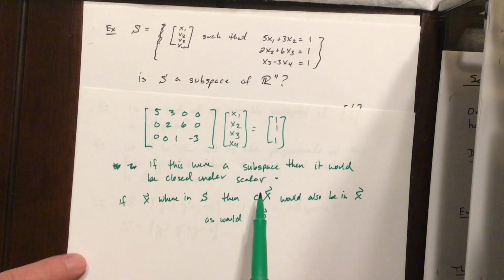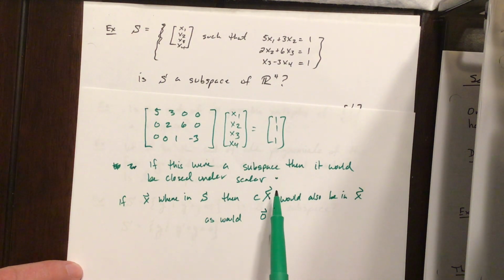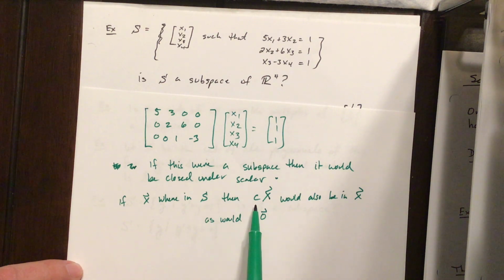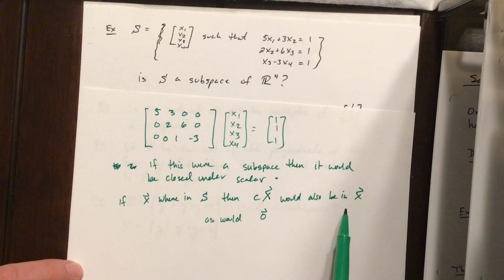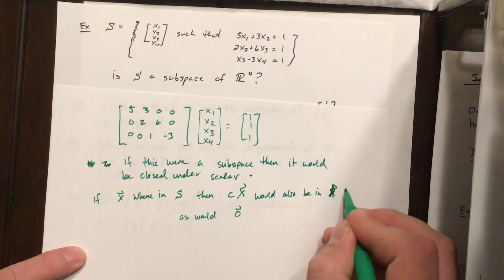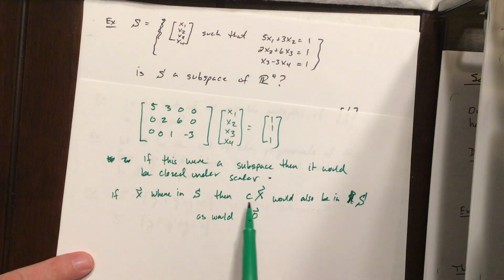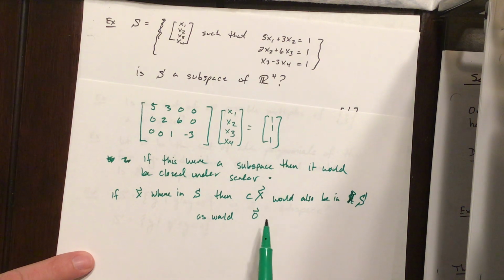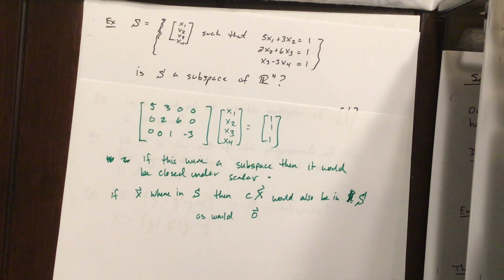Because we're assuming that this is a subspace and it's closed under scalar multiplication, so C times x would also be in S for any C, including the scalar 0. And 0 times this vector would be a 0. So 0 would have to be in our subset S. That's one of the facts that we talked about in the previous video. So the only thing we have to do to show that it's not a subspace is to show that the 0 vector is not in S.